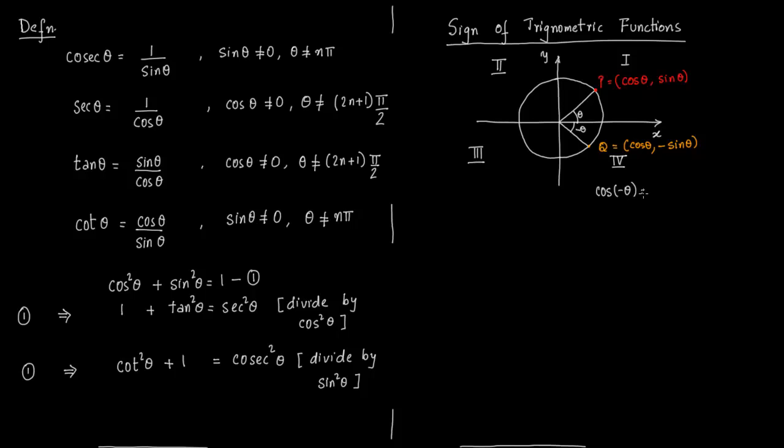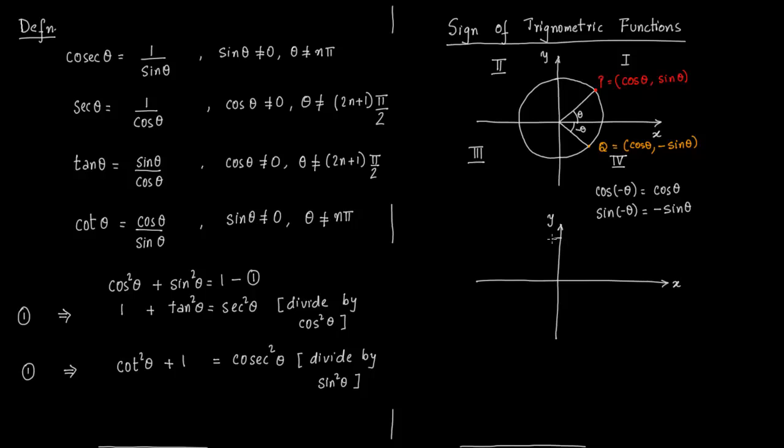So you see cosine of minus theta is the same as cosine of theta because the x coordinate is the same in the first and the fourth quadrant. This is an important property. But sine of minus theta is minus sine theta. So cos of minus theta and sine of minus theta are lying in the fourth quadrant. So you see sine is positive in the first quadrant and negative in the fourth.